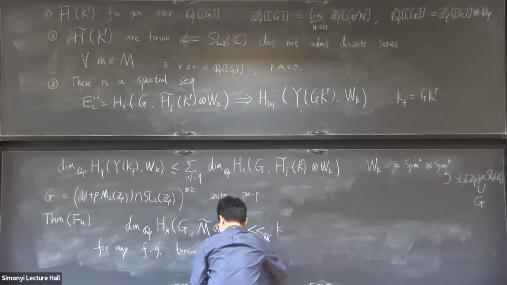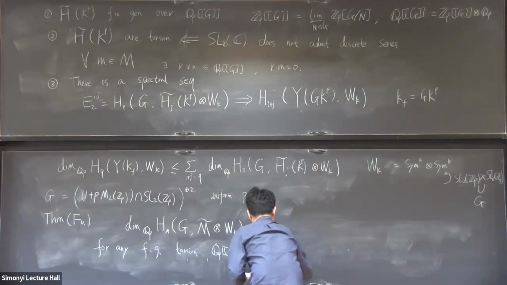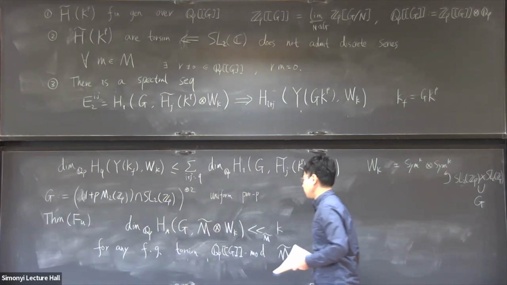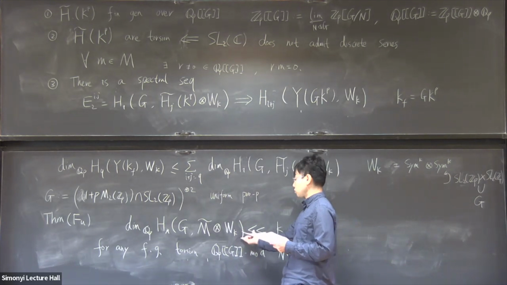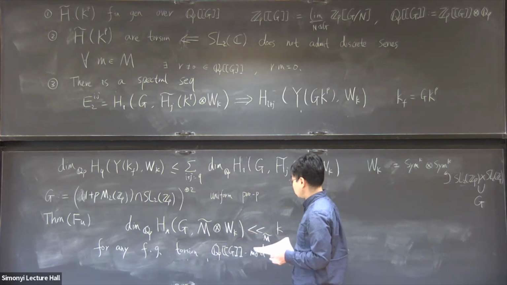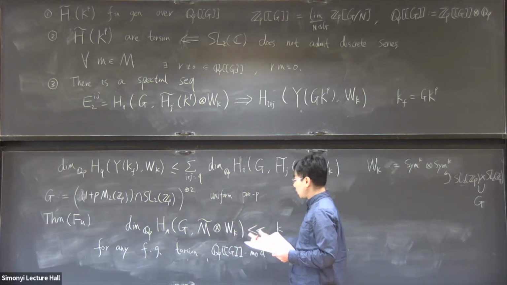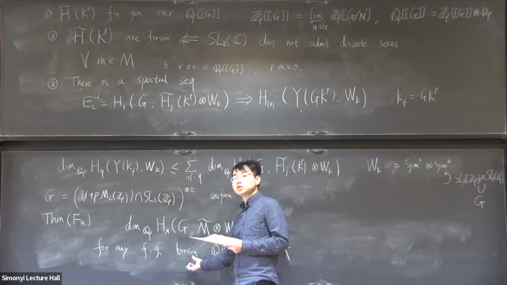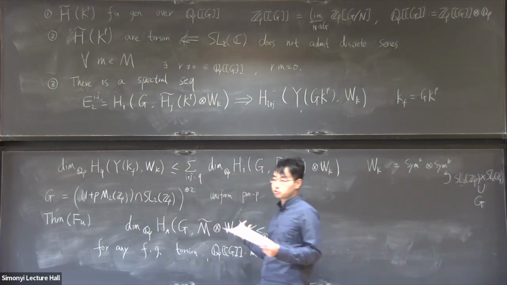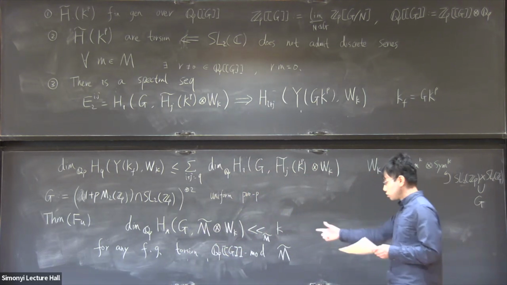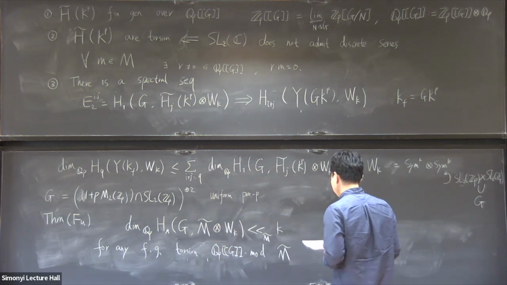Again, the trivial bound is k squared. Now I provide a degree 1 bound for any torsion module. If you remove the torsion condition, the best you can hope for is a quadratic bound, so torsion is essential.